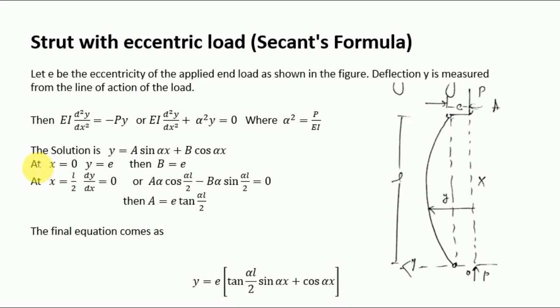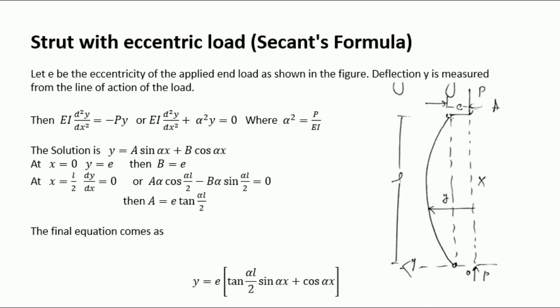According to the first condition, when x is equal to 0, where you can see here if I move this cursor to 0, if this point is the base of the axis, or the coordinate 0,0, then if x is equal to 0, the value of y is equal to e.